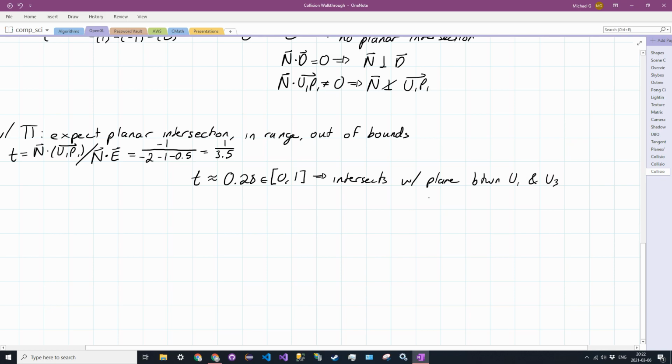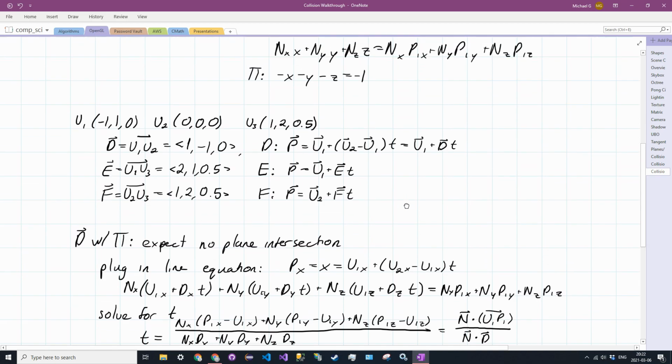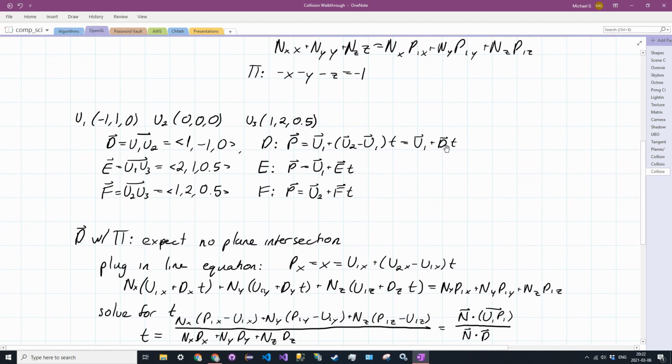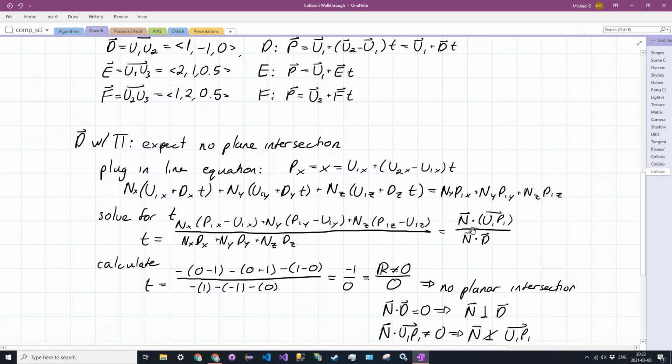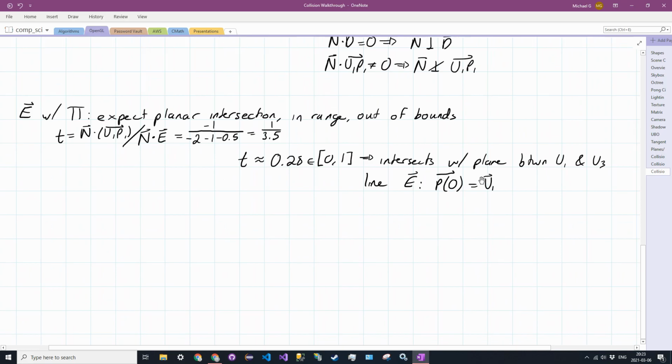Well, if we look at the line E, when the value of the line at t equals 0, it is just going to be the value u1. So if we look at this equation for our line here, we have P is equal to u1 plus the directional vector E times the parameter t. So if we plug in 0 for t, then we just get the initial point.